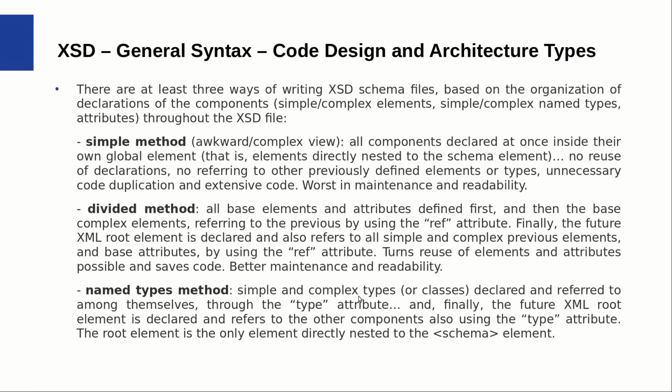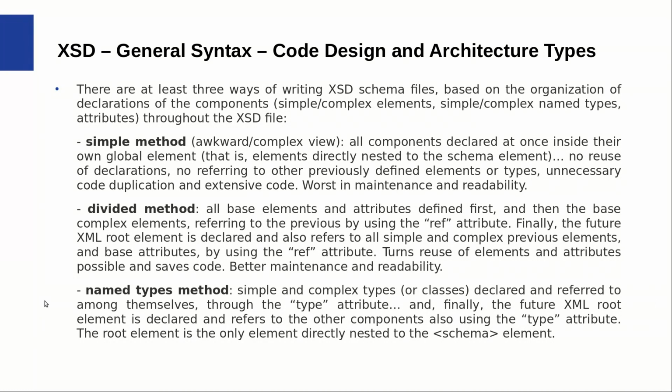And later, when declaring the elements, either inside the complex types or the root elements at the end, you just refer back to the types you've already declared by using the custom prefix associated to the custom namespace, or target namespace, and the name of the type you want to refer to when declaring that element anywhere in your code.